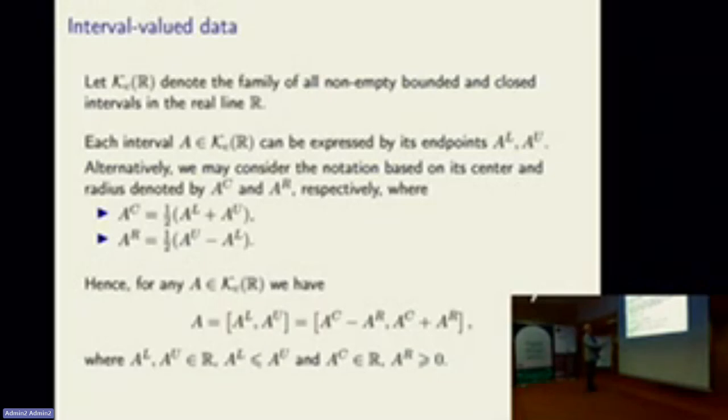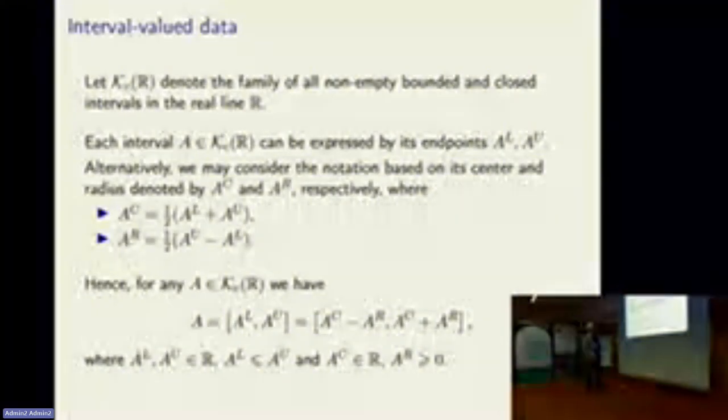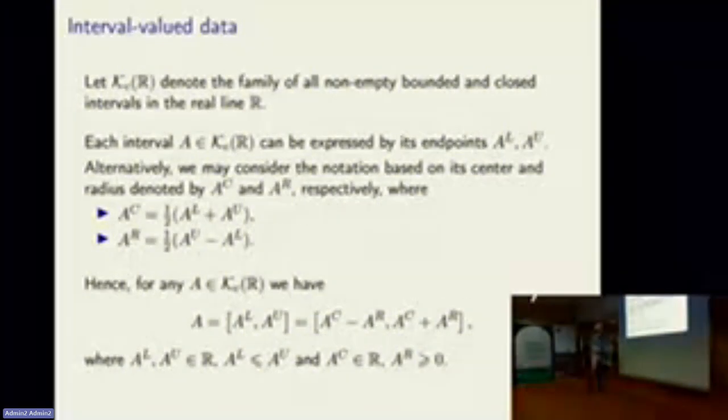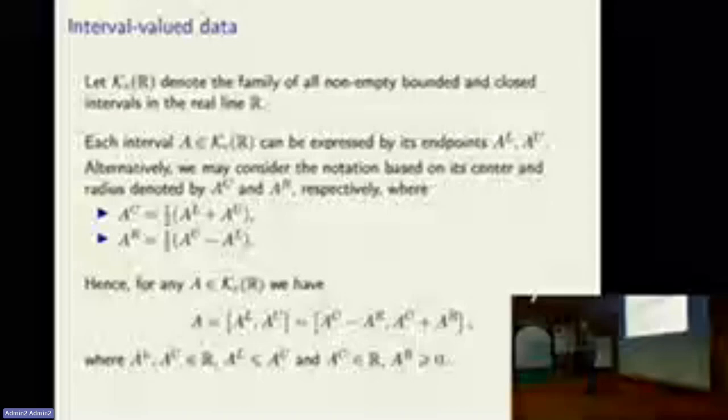So this is an interval defined by borders or endpoints, and middle minus radius, middle plus radius. Of course, it is the same. Why is it more convenient? Because, for example, in simulation and many calculations, to check this condition is not very useful. And here it is much easier because I have an arbitrary real random variable, and here I have only to keep it non-negative.